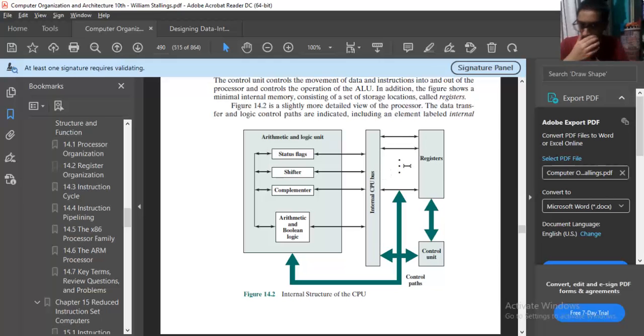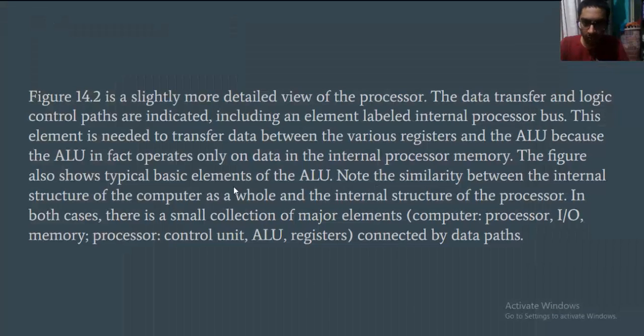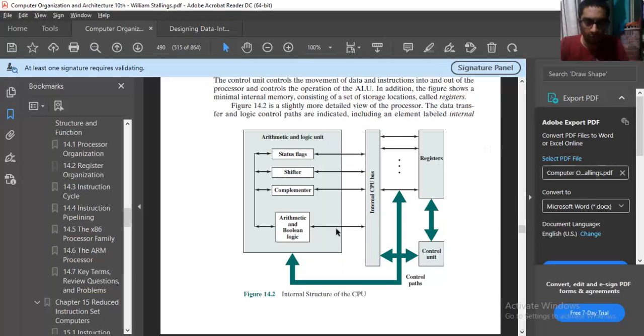Between various registers, transferring of data happens through the internal CPU bus. And also within the ALU: this is the entire ALU, and within the ALU, transfer of data or control signals happens through the internal CPU bus.